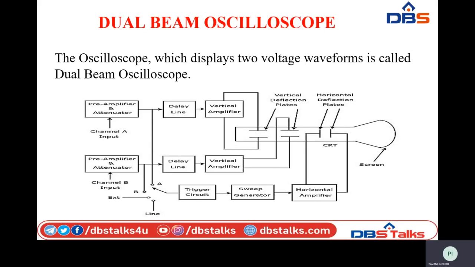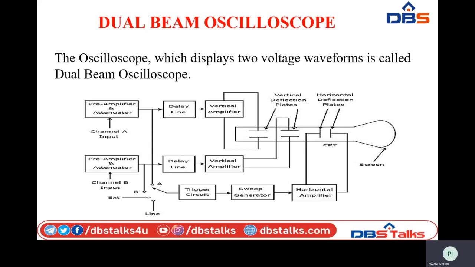In order to initiate the trigger circuit, we can use the available inputs, which are the channel A input, the channel B input, as well as the external triggering line or line input.